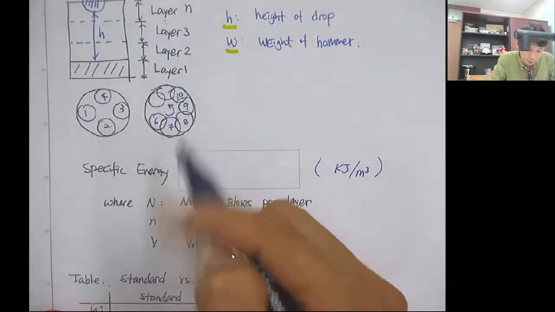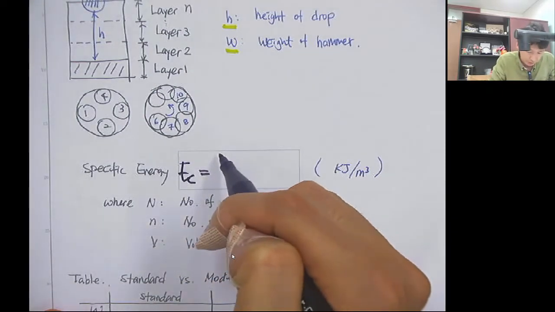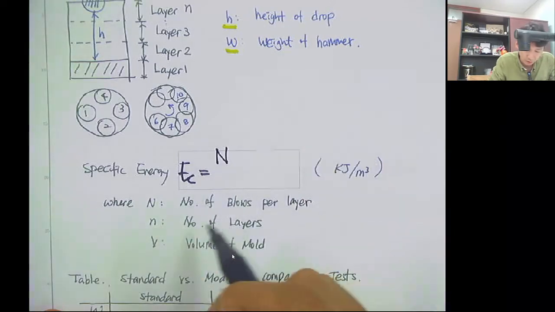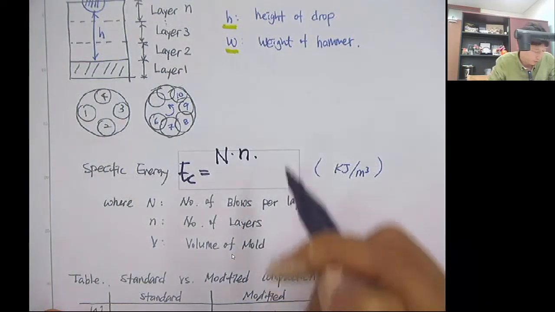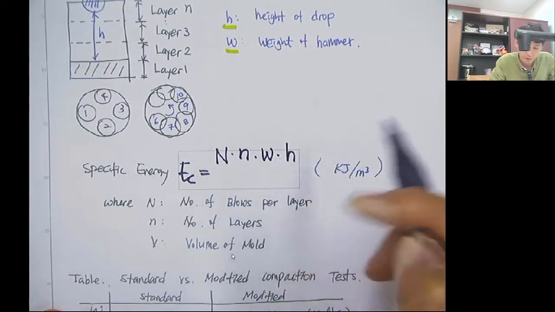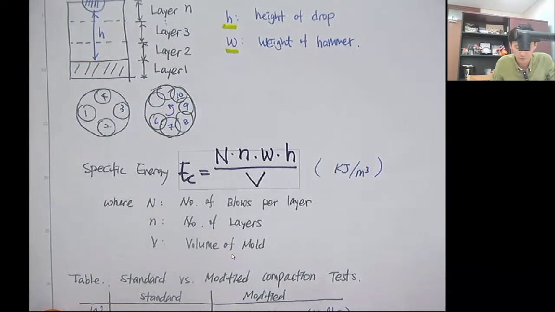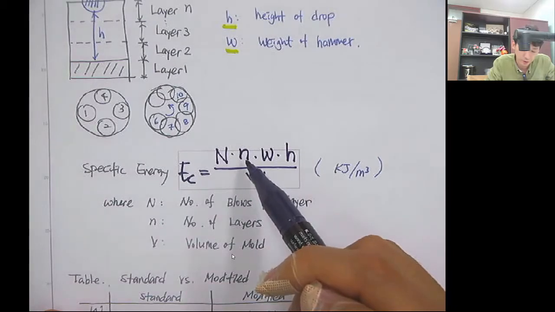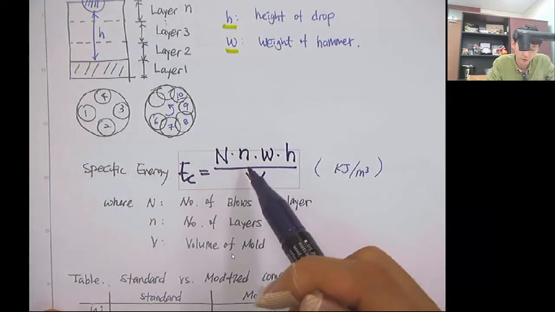And specific energy can be calculated using these parameters. The equation that we can use is that the specific energy E_C is a function of N, the number of blows per layer, the number of layers, the weight of the hammer, and the height of the drop, divided by the volume of the soil. So this gives you the specific energy that you apply during the compaction. If you increase the number of layers, then the energy is proportional to the number of layers, so it's going to increase.